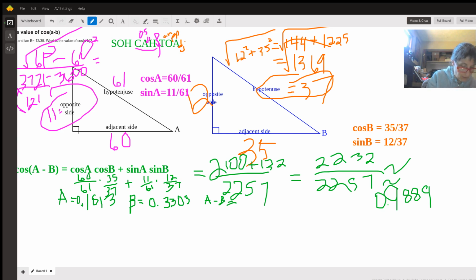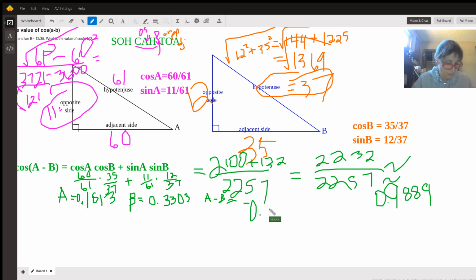Now, I want to know what is 0.1813 minus 0.3303. And this is negative 0.1489758.